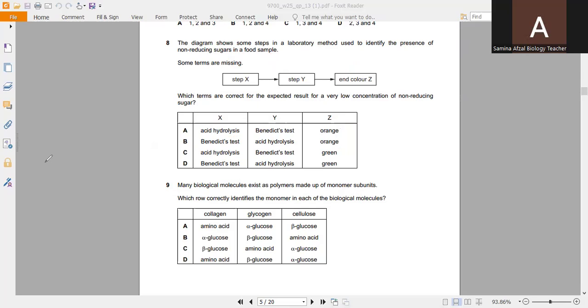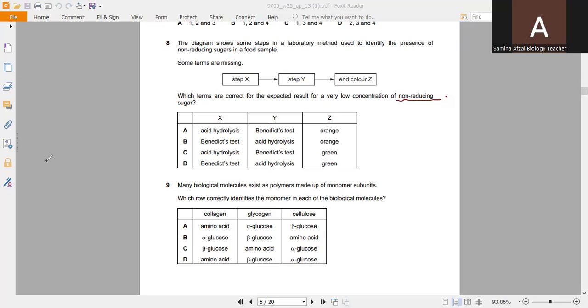When we perform the non-reducing sugar test, at the end we have to perform the Benedict test. The Benedict test shows how much of the reducing sugar was present, how much of the non-reducing sugar has been broken down.